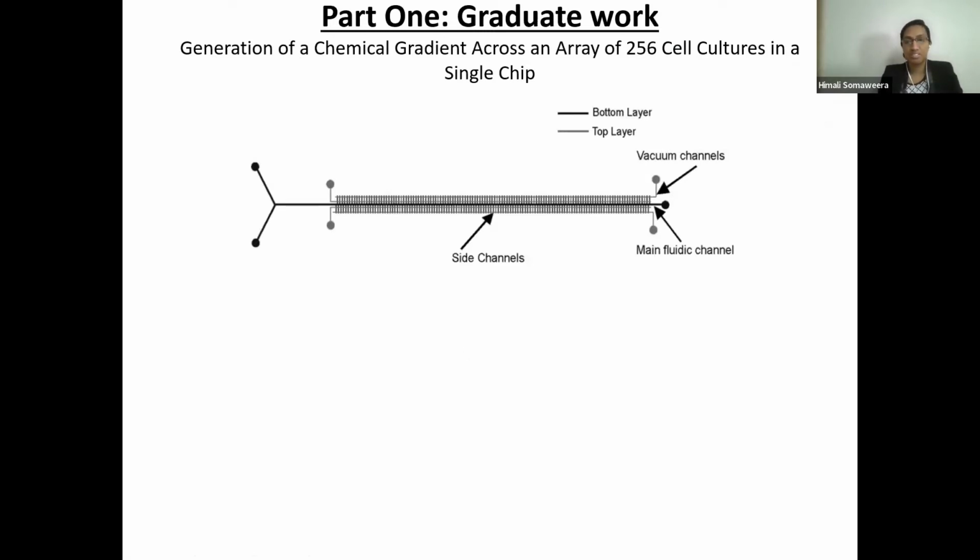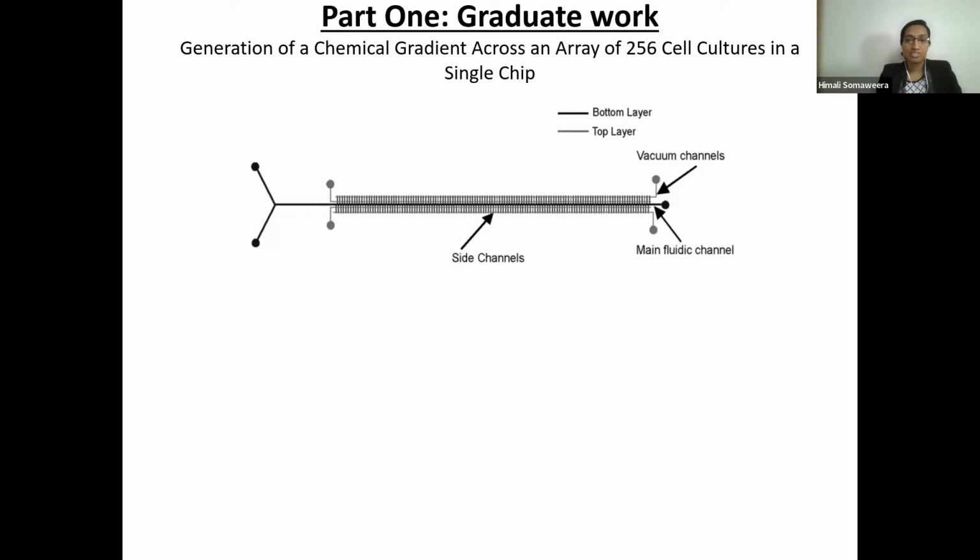I'm going to talk about my graduate work, which is most of the 4 years of my graduate work at Texas Tech University. There, I focused mainly on generating chemical gradients across a cell culture array of 256 cell cultures in a single chip.